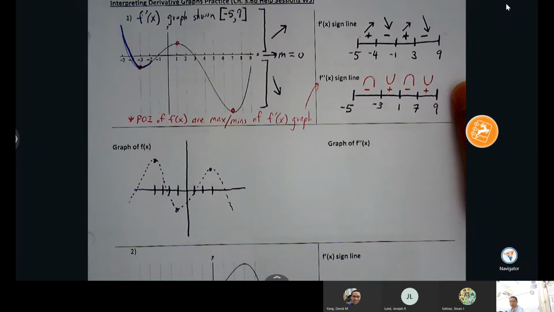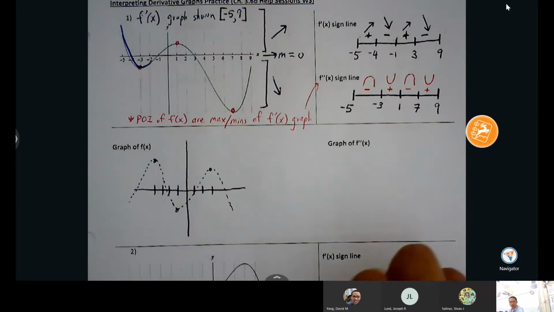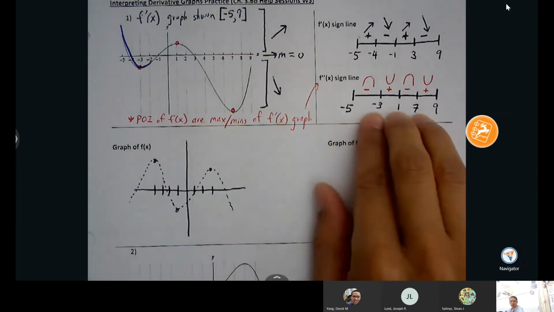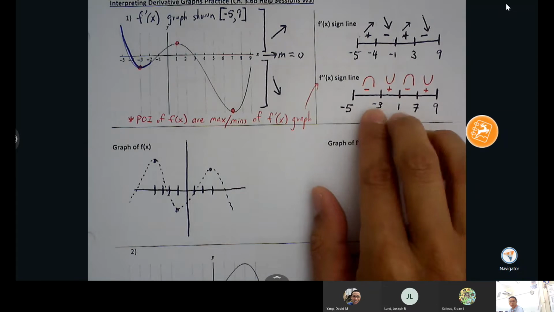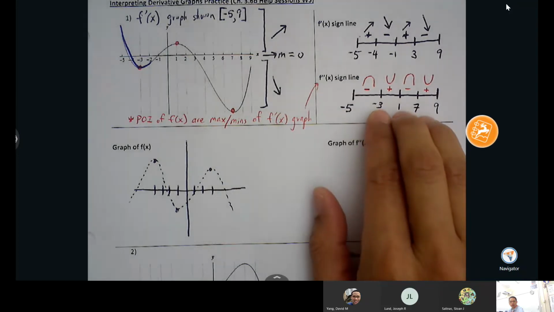Okay. So now let's work in the curvature of the graph. So I'm going to start with my point of inflection. So these are going to be the transition points from one concavity to the next. And again, we know that these values are going to fall in line with the path of the graph.